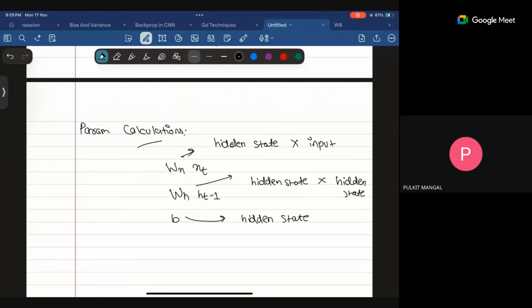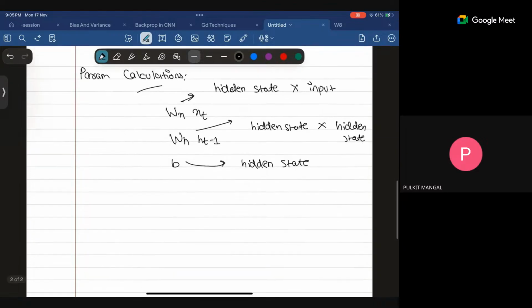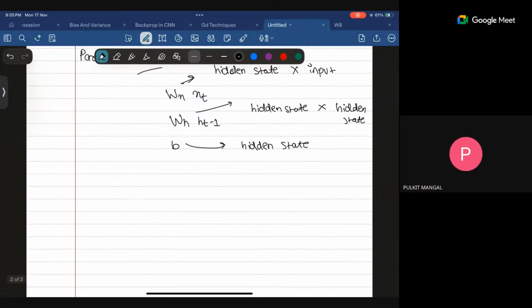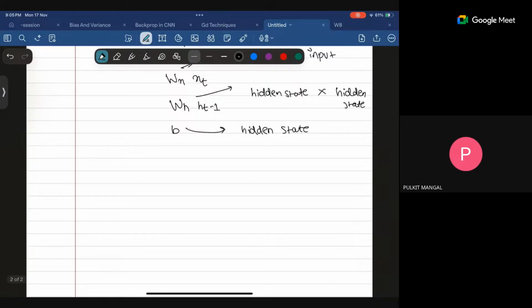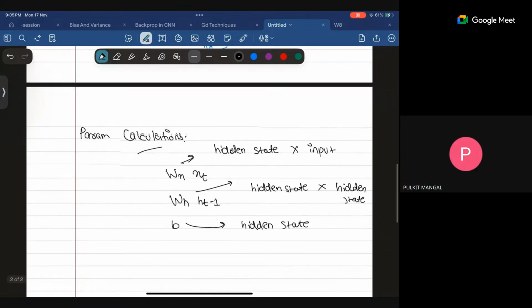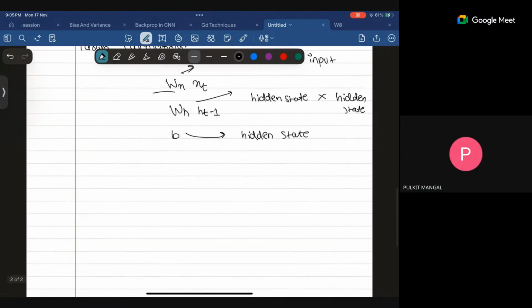Now, what will happen for the bidirectional case? The only place where things will change is this. So you will have this WX matrix, as you will be multiplying with this x_t. Then you will have the WH matrix, which you multiply with h(t-1), and the same b will be there.